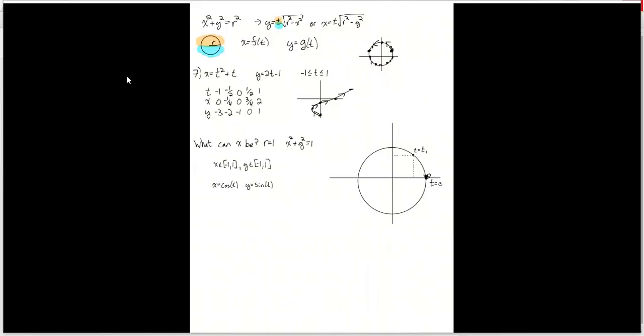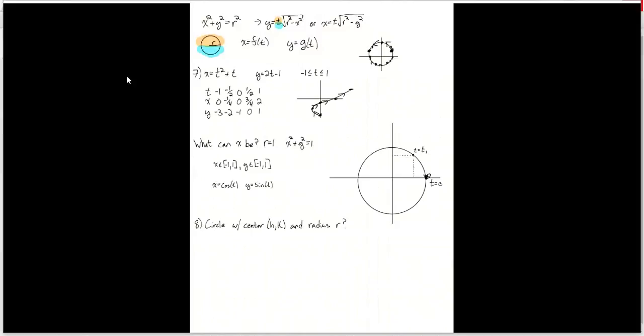So how about we have a circle with the center at (h, k) and a radius of r.